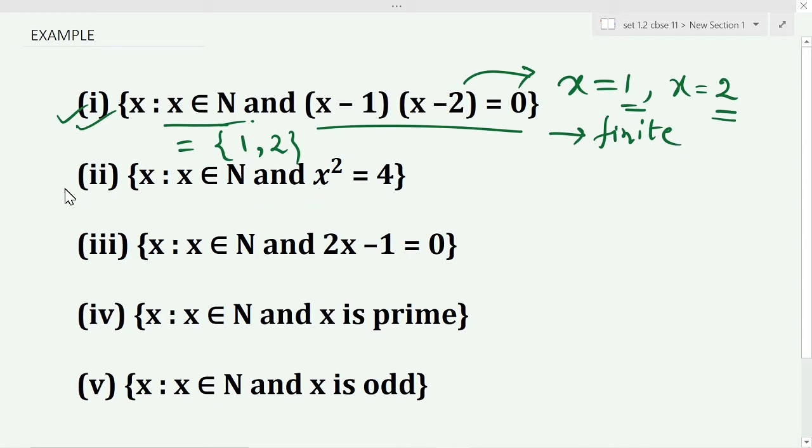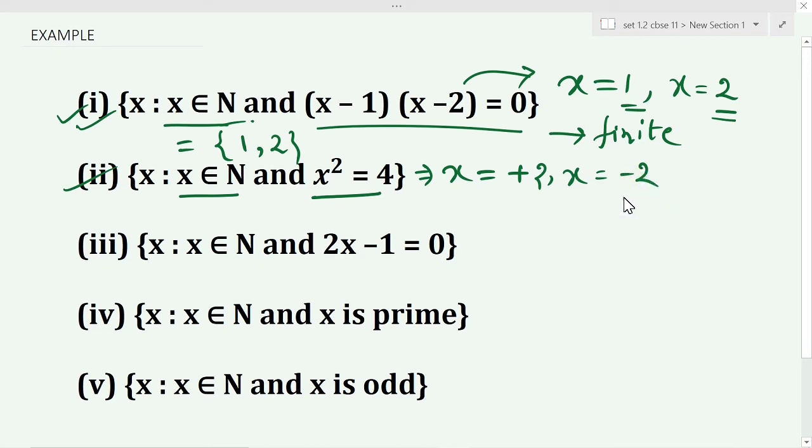Now number 2, there is a condition that x square equals to 4 and also x belongs to N. So if we solve, we get x equals to plus 2 and x equals to minus 2.